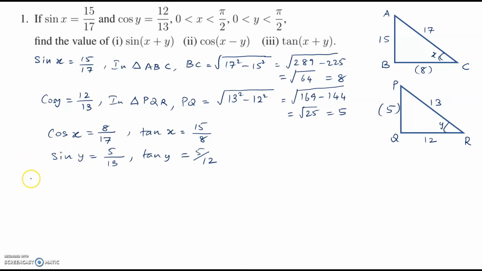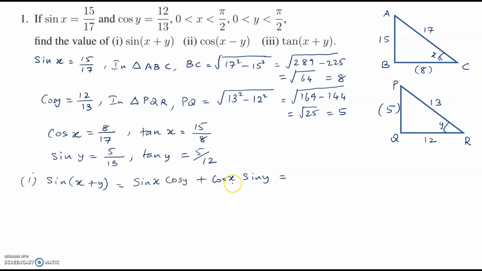So now let's solve the first part of the question, which is sin(x+y). So sin(x+y) we know is equal to sin x cos y plus cos x sin y. So let's substitute the values.